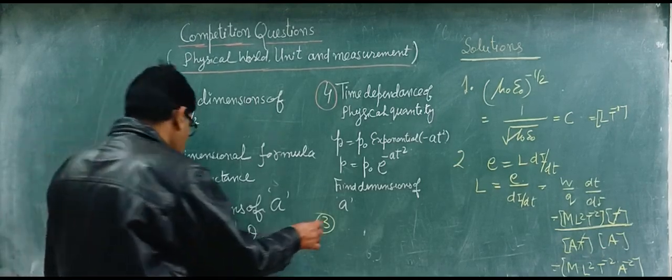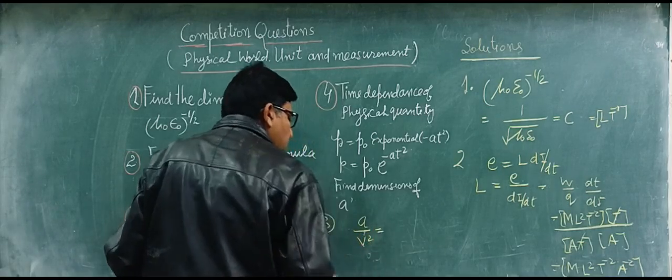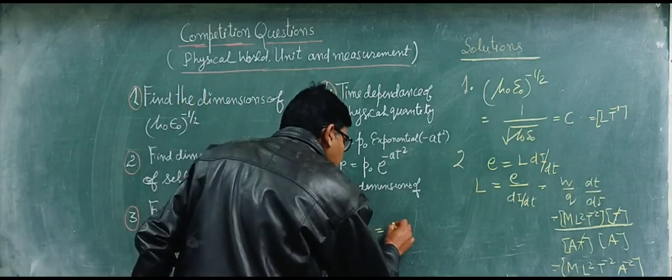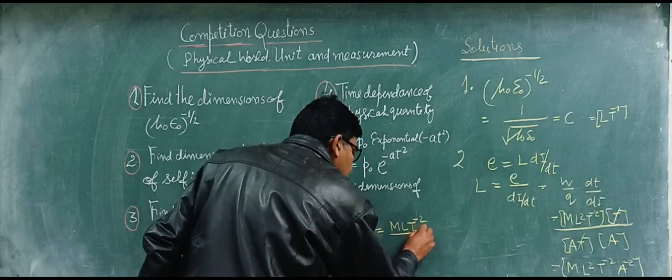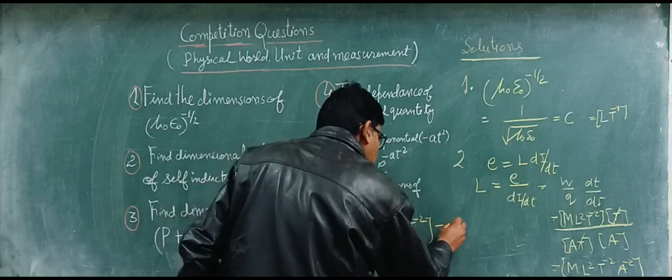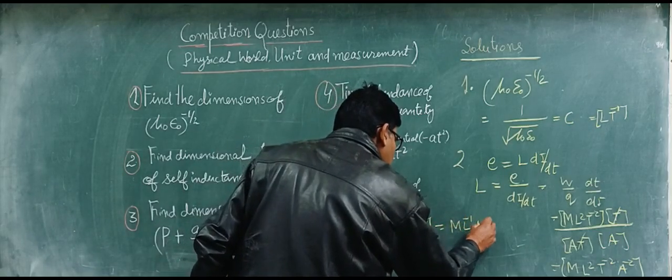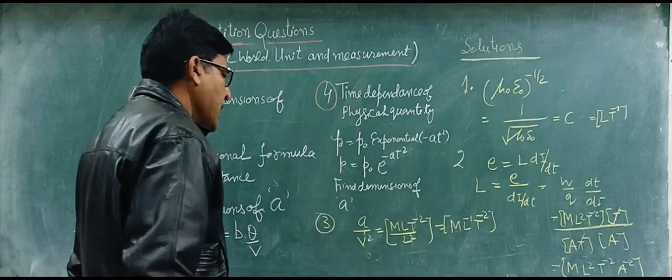So we can write that a upon V squared is equal to pressure, and the dimensional formula of pressure is MLT^-2 upon L^2, and this is equal to ML^-1T^-2. This is the dimensional formula of pressure.